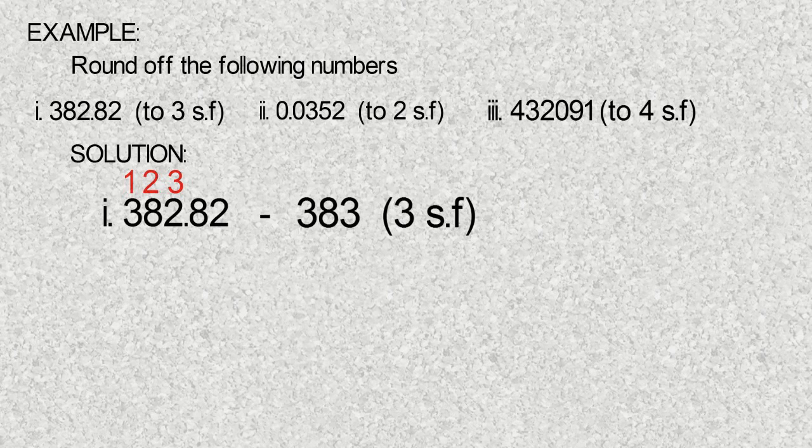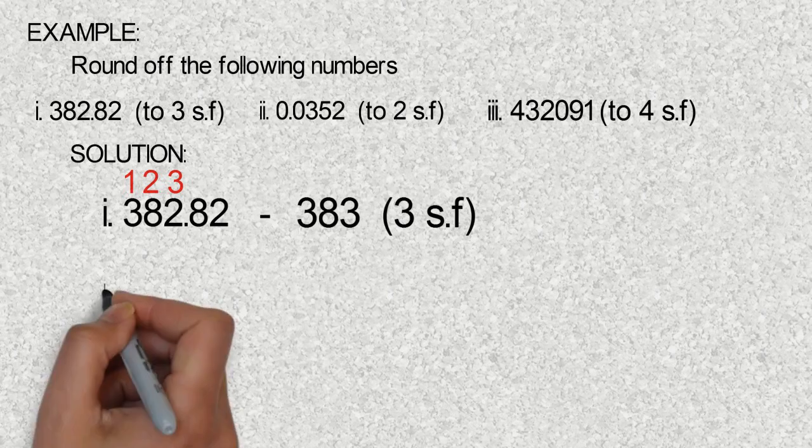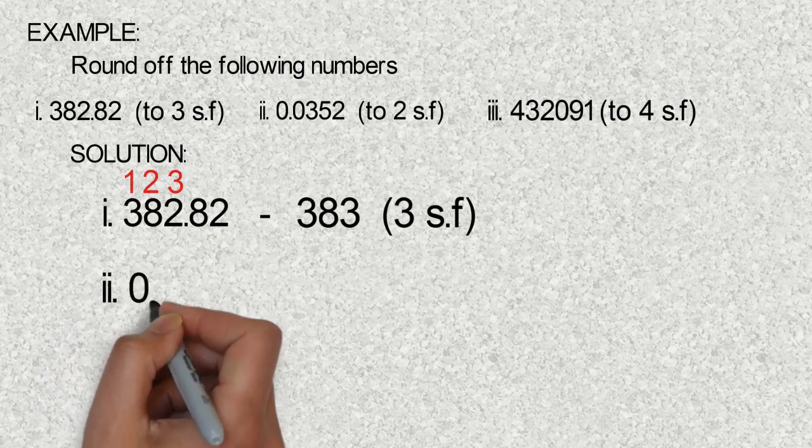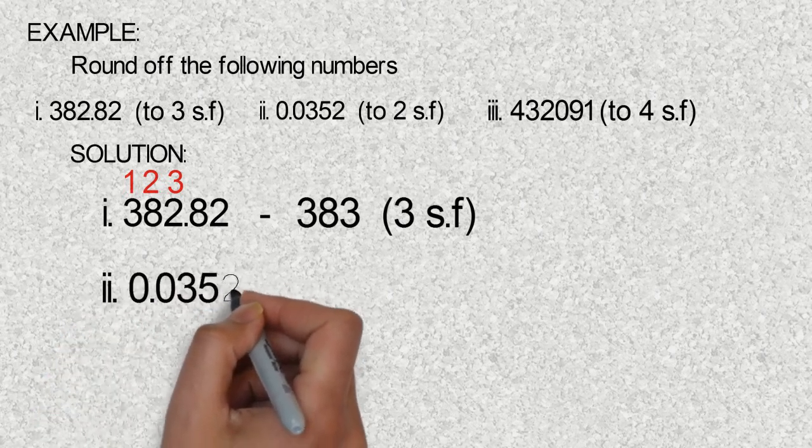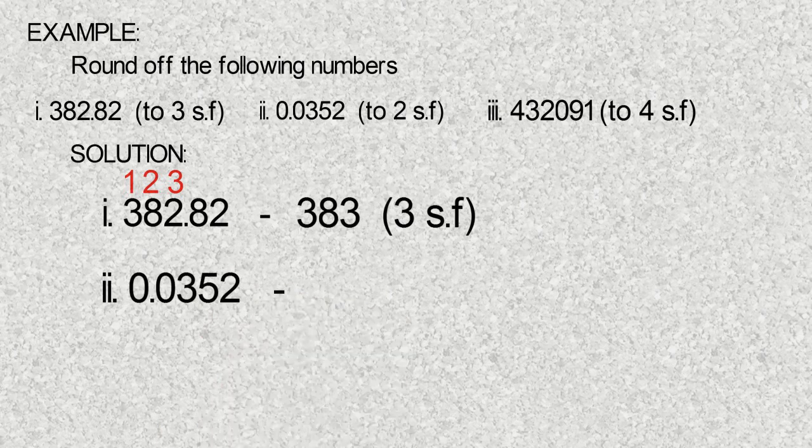Also, number 2 says we should round off 0.035 to 2 significant figure. Here we said we start our counting with a non-zero digit.